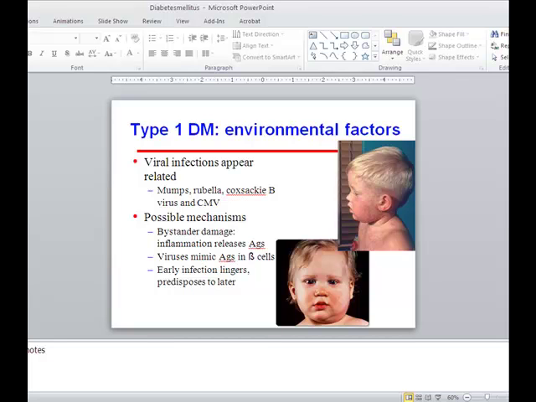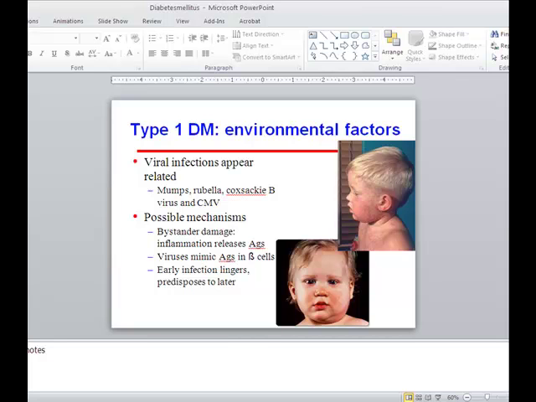There seems to be a relation between type 1 diabetes and viral infections, specifically infections like mumps, rubella, Coxsackie virus, and cytomegalovirus. The relationship has been observed between viral infections and type 1 diabetes, and one possible mechanism is that the infection could affect the beta cells and release different types of proteins, which then serve as antigens for the immune system to attack.